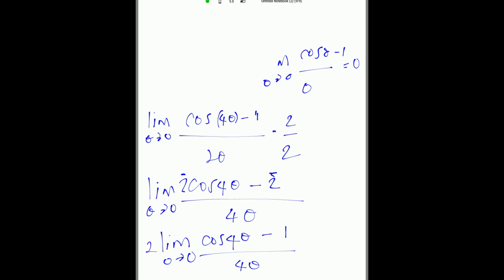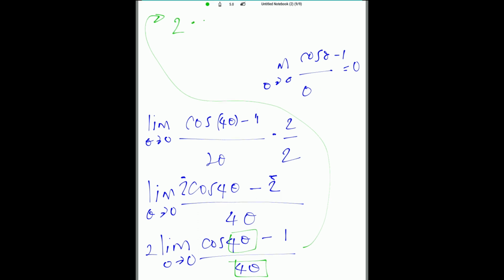Since this and this are the same terms, the limit of cos 4 theta minus 1 all over 4 theta as theta approaches 0 is equal to 0, and that would be 2 times 0, which is equal to 0.